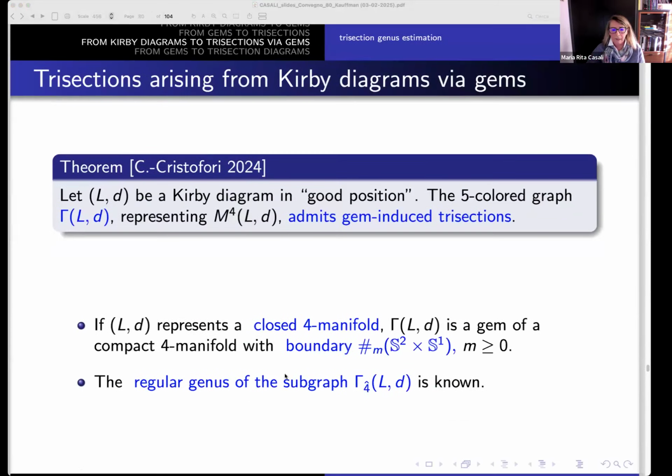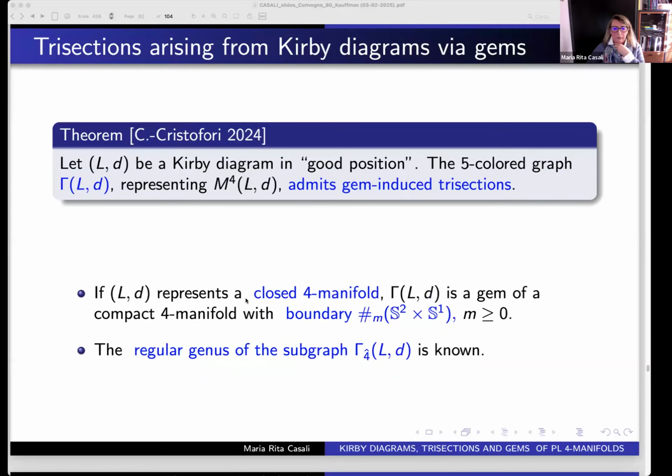And moreover, if the Kirby diagram represents a closed four manifold, that 5-color graph is a gem of the compact four manifold consisting only of the union of handles up to index 2, whose boundary is exactly a connected sum of sphere bundles over S2, as required by the first indirect approach.